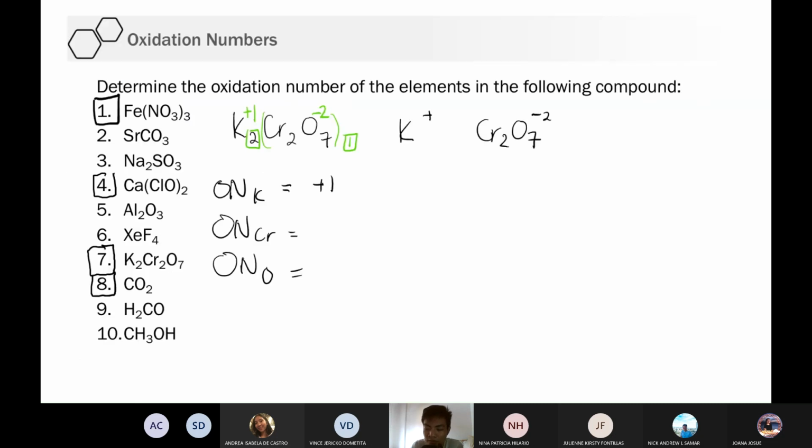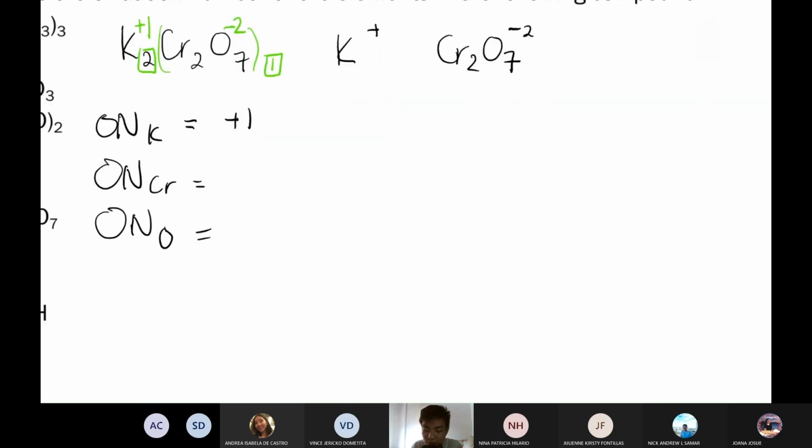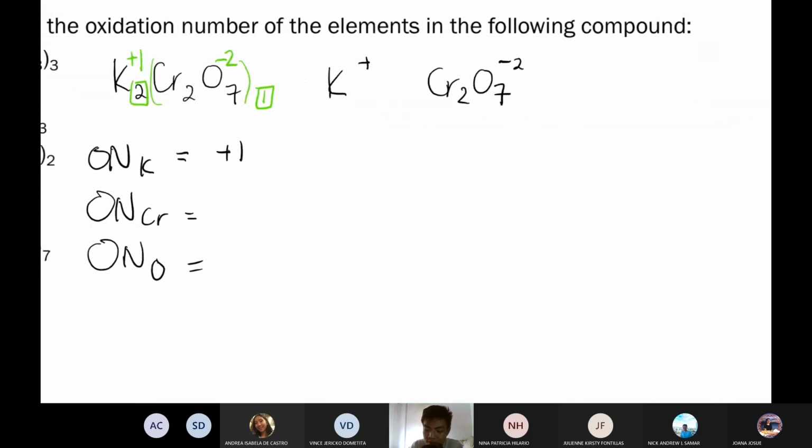To know if that is in peroxide form, you check the structure. Again, pag sinabing peroxide, you have this molecule. You have an oxygen bonded with another O, and para sila may charge. Pero anything else is not peroxide.